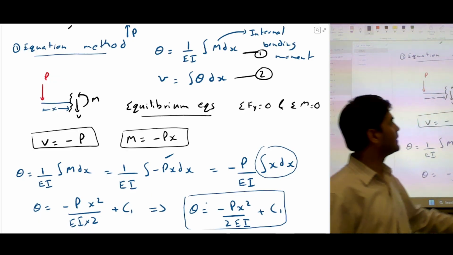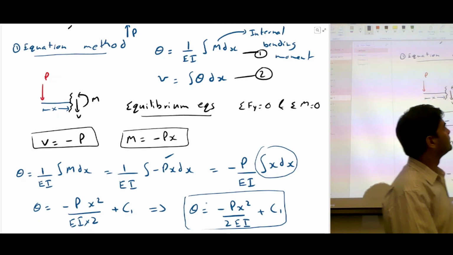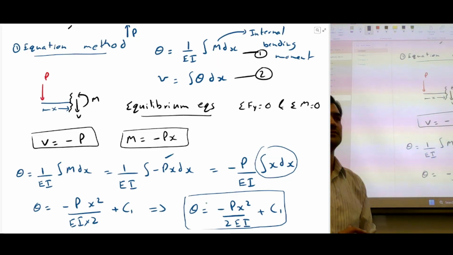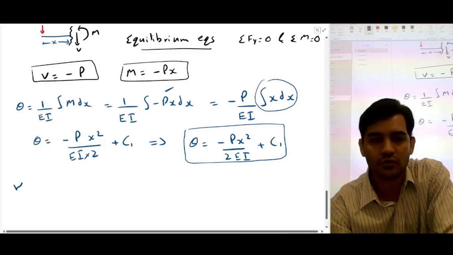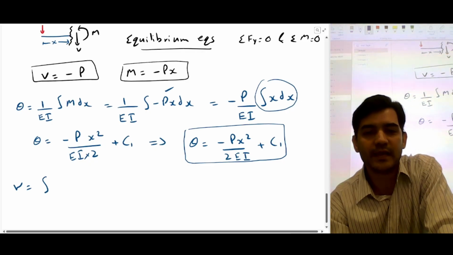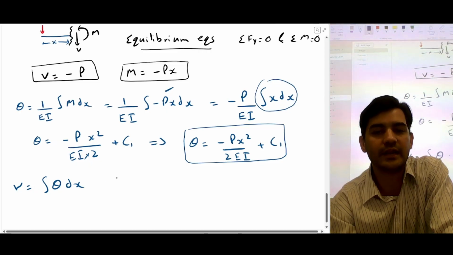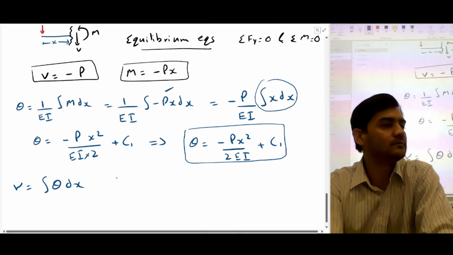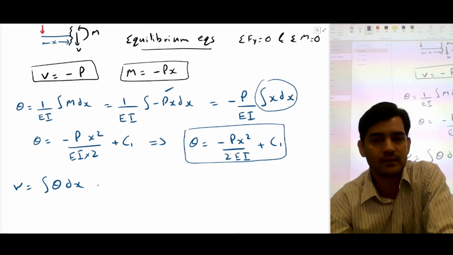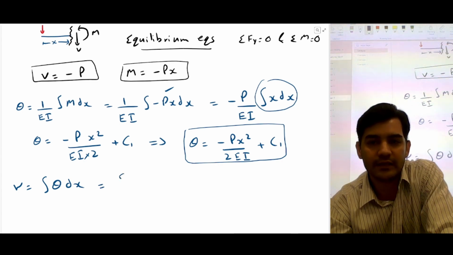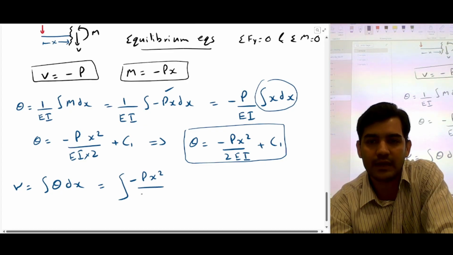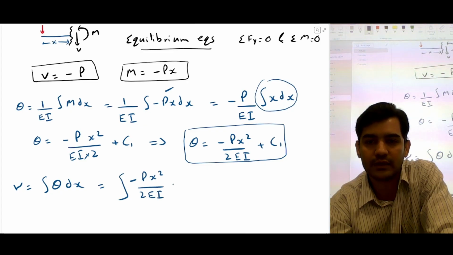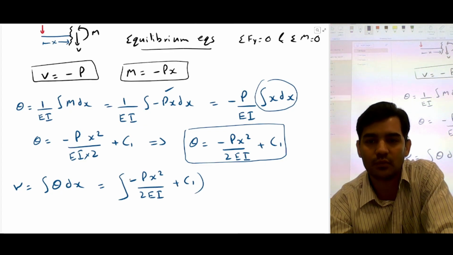Similarly, we can also calculate displacements. To calculate the displacement, we just have to integrate the bending angle, which we have already calculated as negative Px squared over 2EI plus C1.